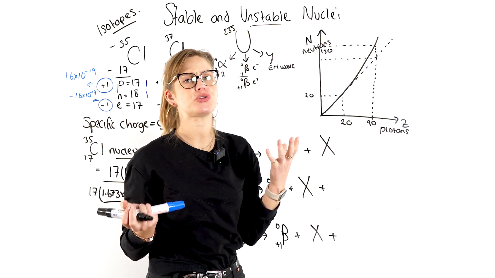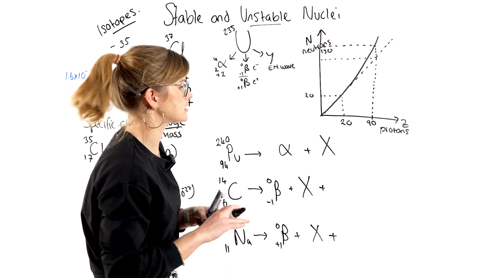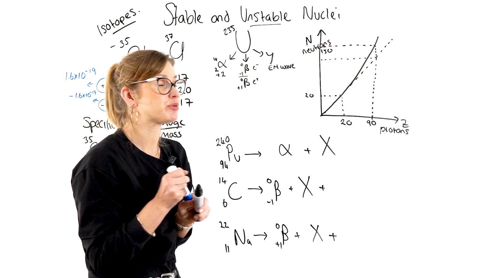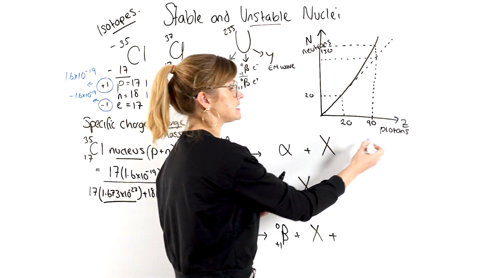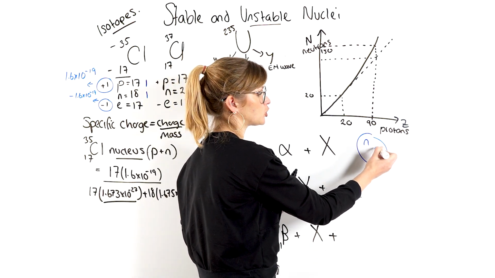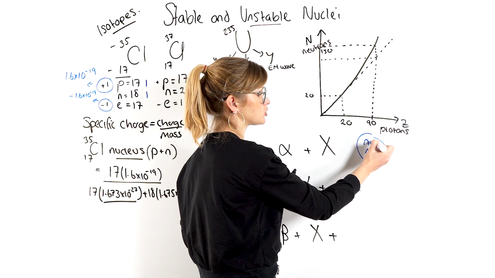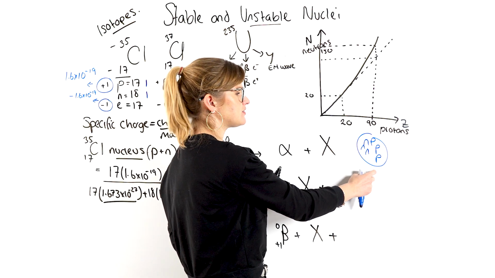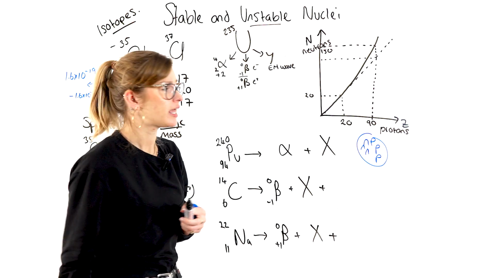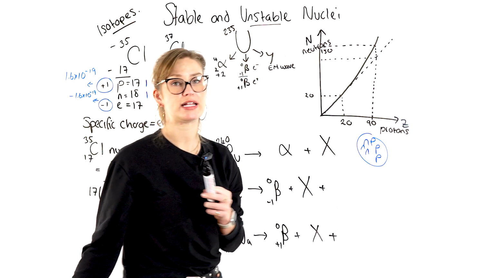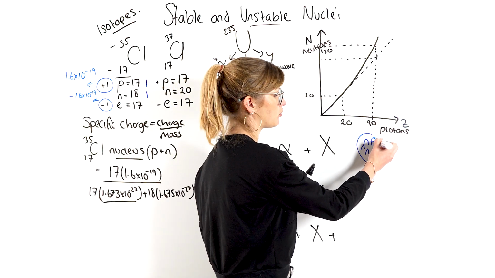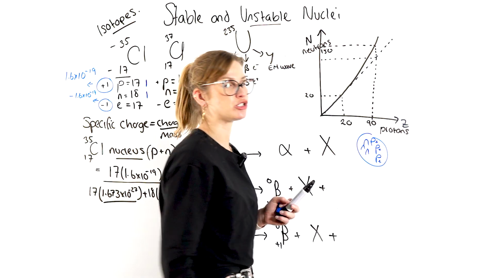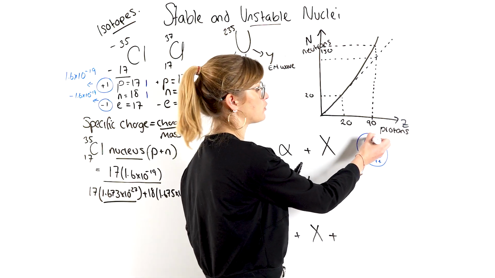You think, why would a nucleus want more neutrons than protons? And you should have thought about this earlier, but you probably never did. We just said inside that nucleus, we always have neutrons and protons, neutrons and protons. What you should have thought about is, how does that even exist? Because you've learned that protons all have a relative charge of positive, surely we know they're going to repel each other, electrostatic force of repulsion.